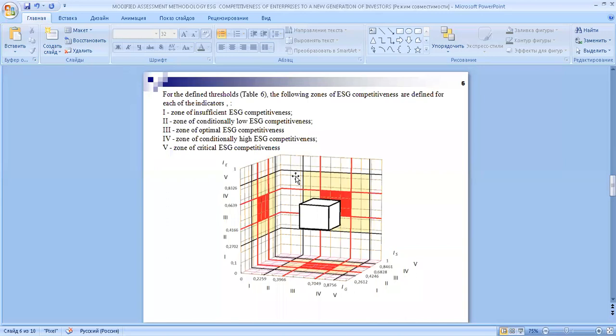It is necessary to establish the compliance of each enterprise with the ESG competitiveness zones. For the defined thresholds on the table, the following zones of ESG competitiveness are defined for each of the indicators.